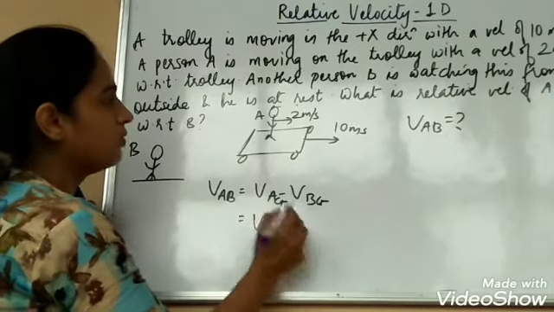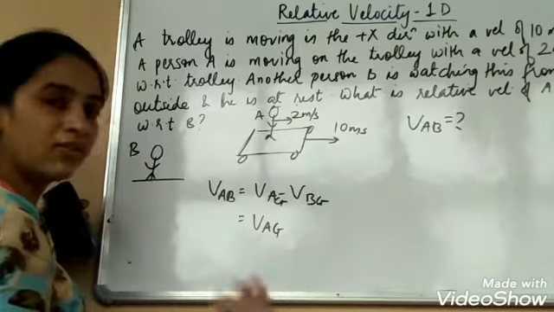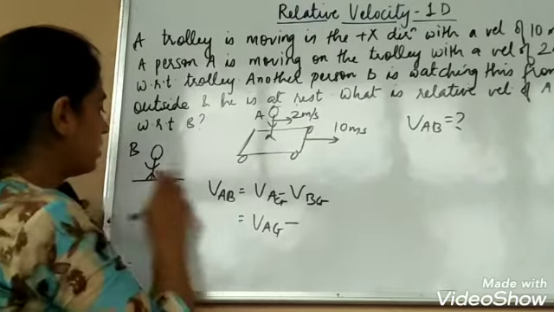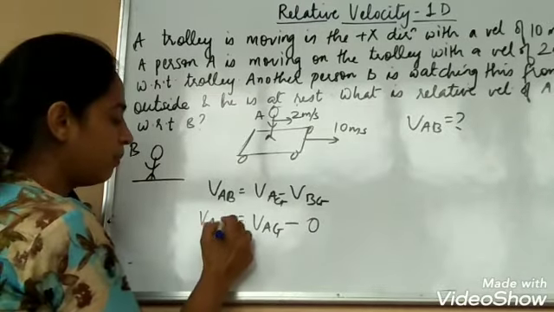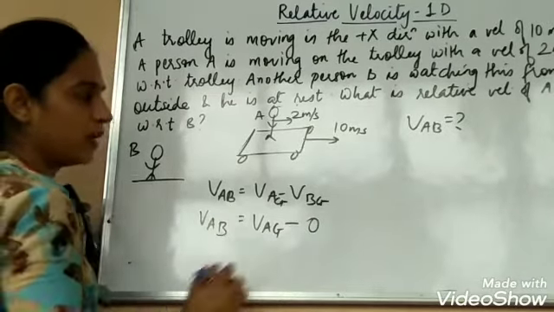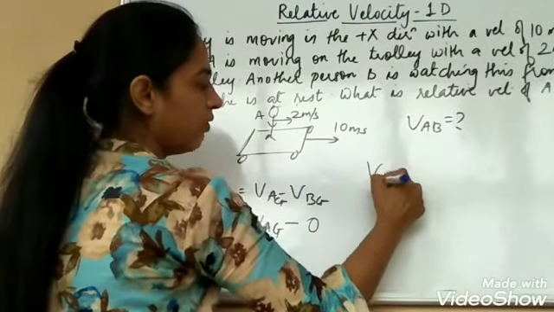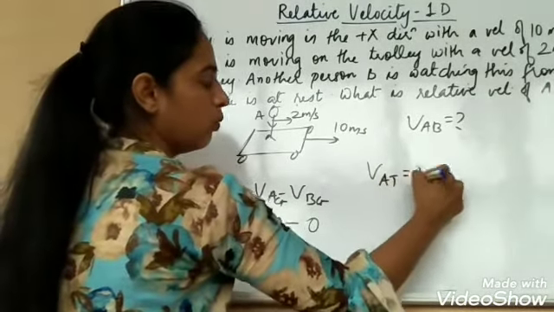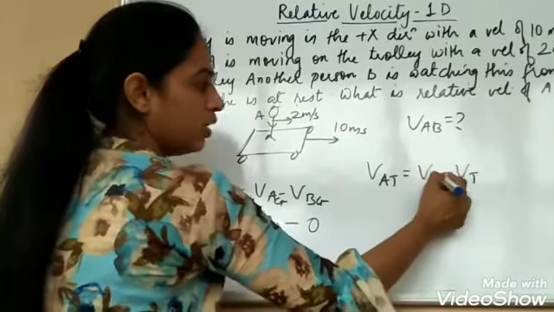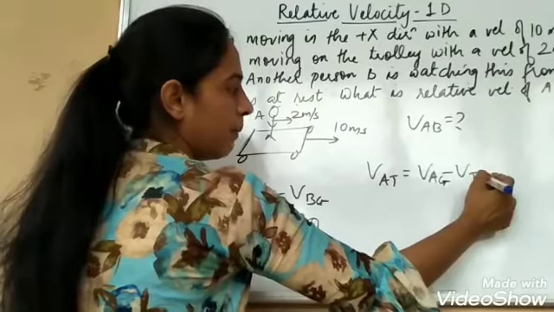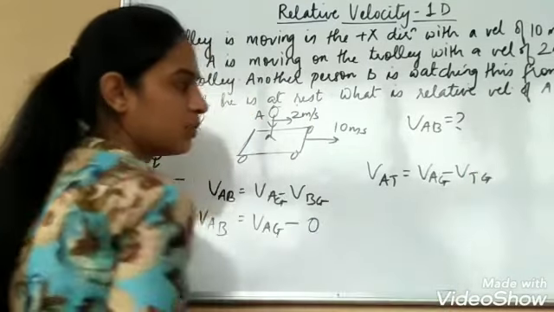We don't know, because we have been given velocity of A with respect to trolley. Velocity of B with respect to ground is 0. So to find VAB, we need VA with respect to ground. What we have is A with respect to trolley, which can be written as VA minus VT, velocity of A with respect to ground minus velocity of T with respect to ground.